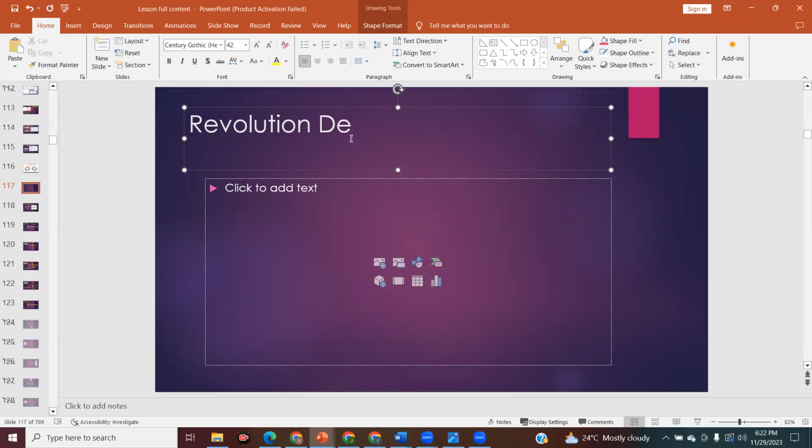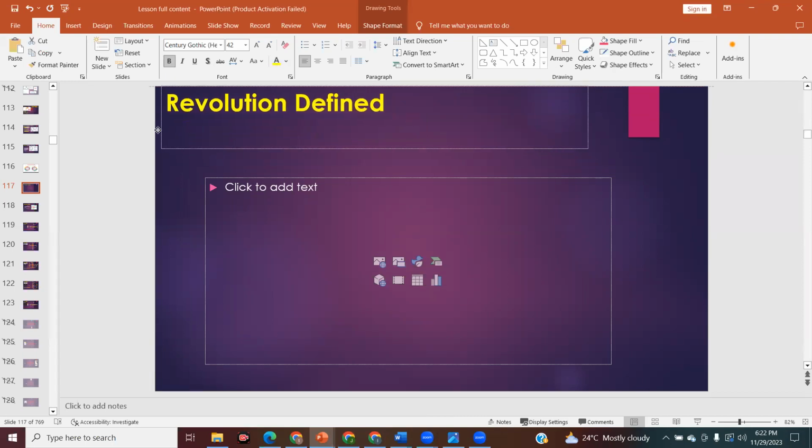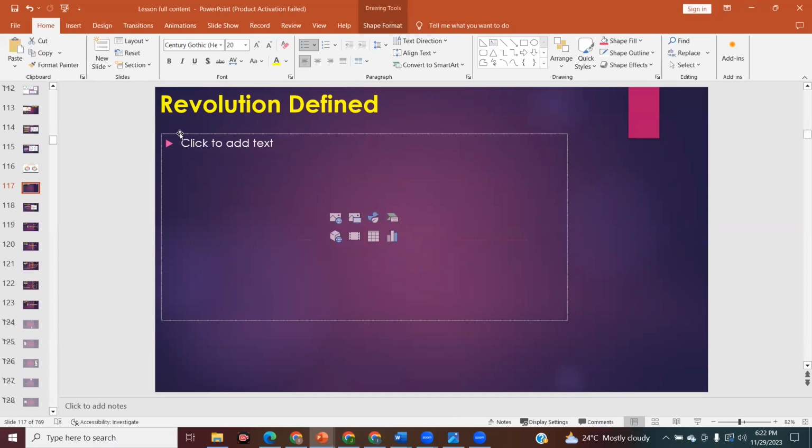So let's define revolution. We want to define what we mean by a revolution. Revolution in math.